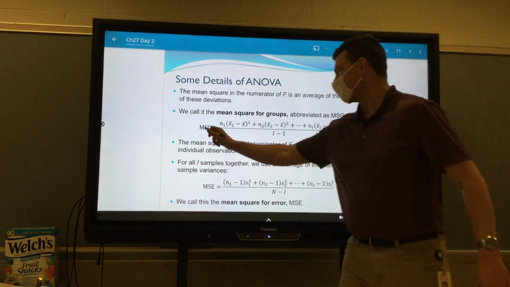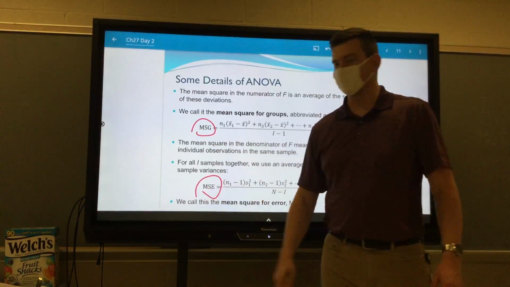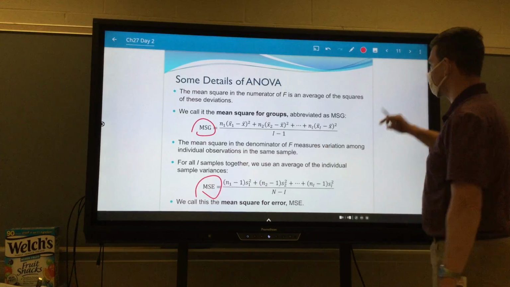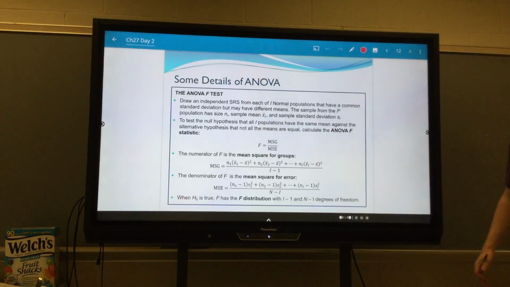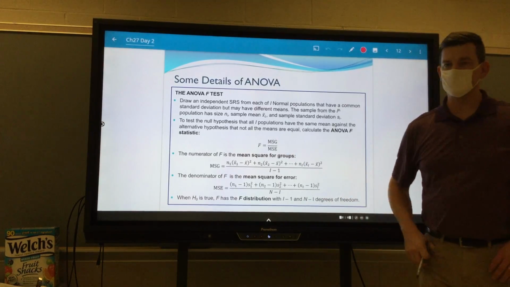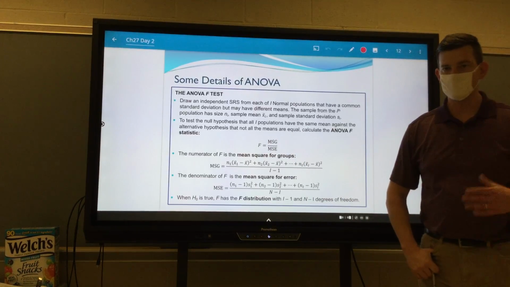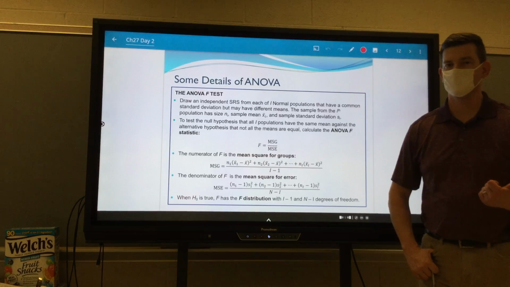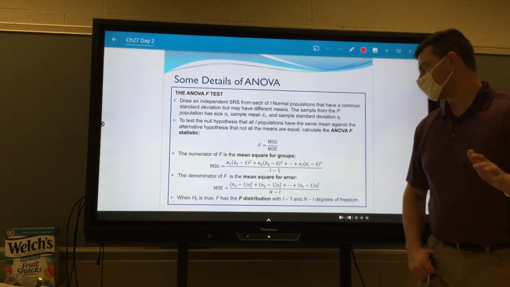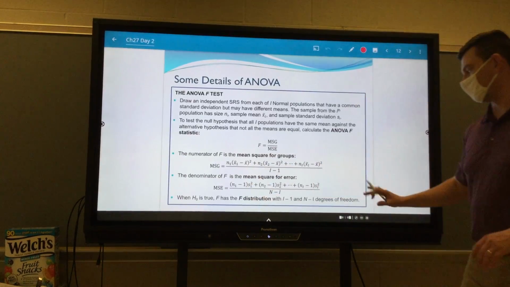What's important is letting the calculator do those things for us so that we can get MSG and MSE, the mean square for the groups and the mean square for the error, because MSG divided by MSE is that F statistic. Okay. Now, to do this, don't worry about those equations.